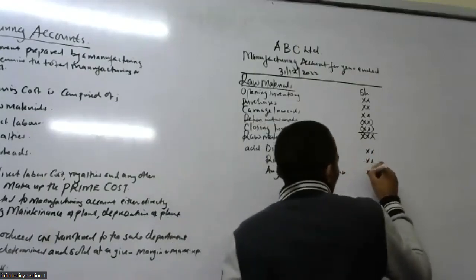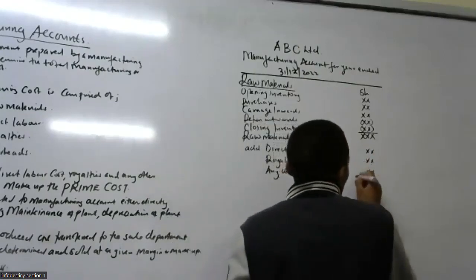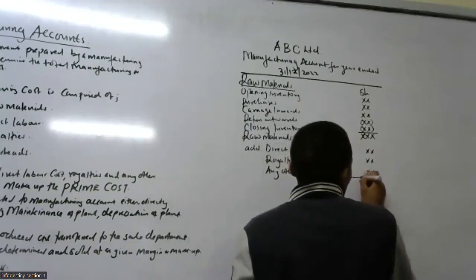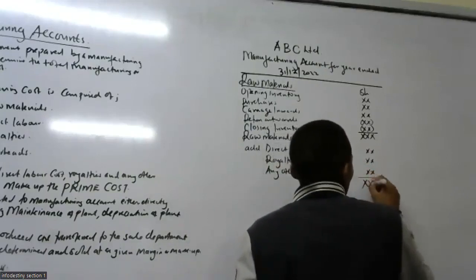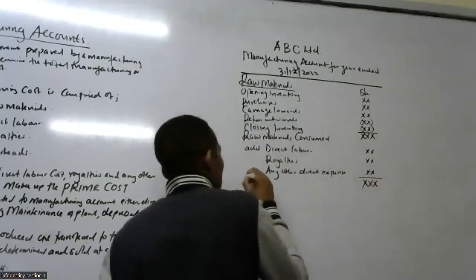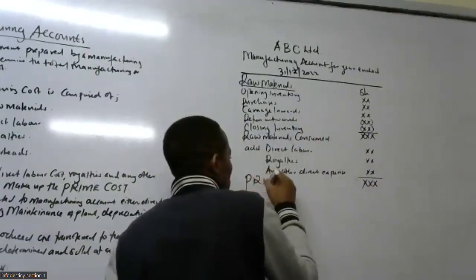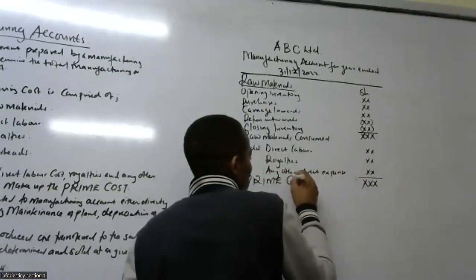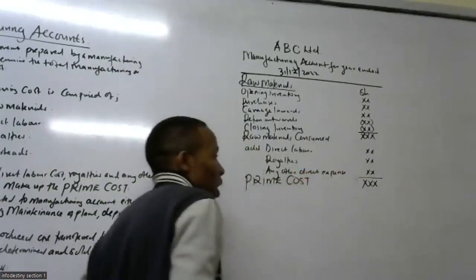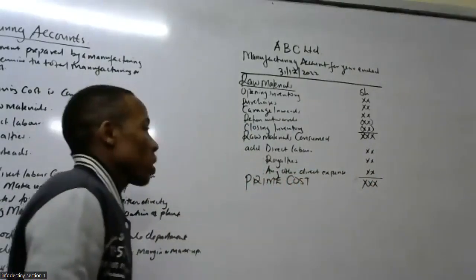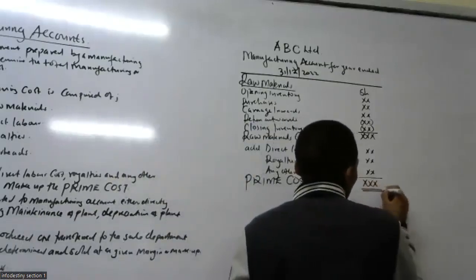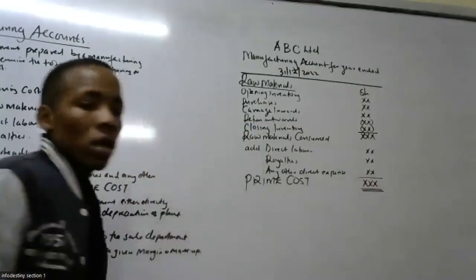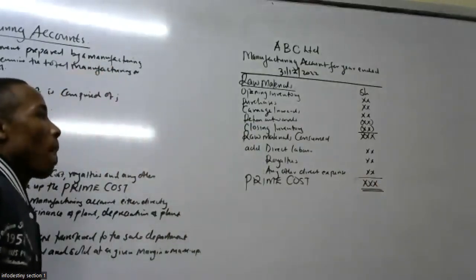Once you do that, what you get here is what we call the prime cost. This is a total of the direct costs.